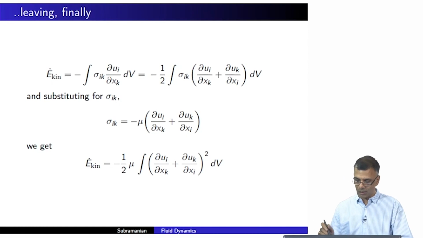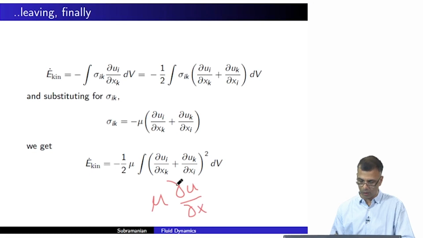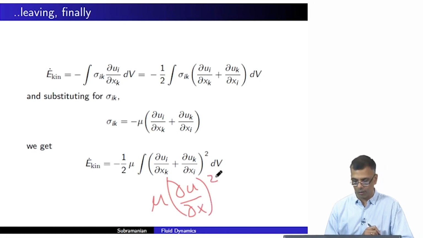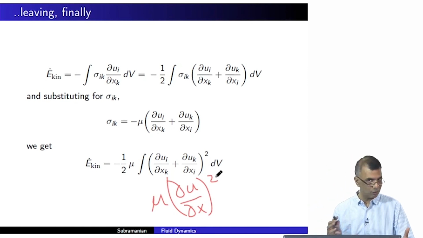If the flow were just one dimensional, this looks very much like mu times du/dx quantity squared. So therefore, the time rate of change, this is the final result.